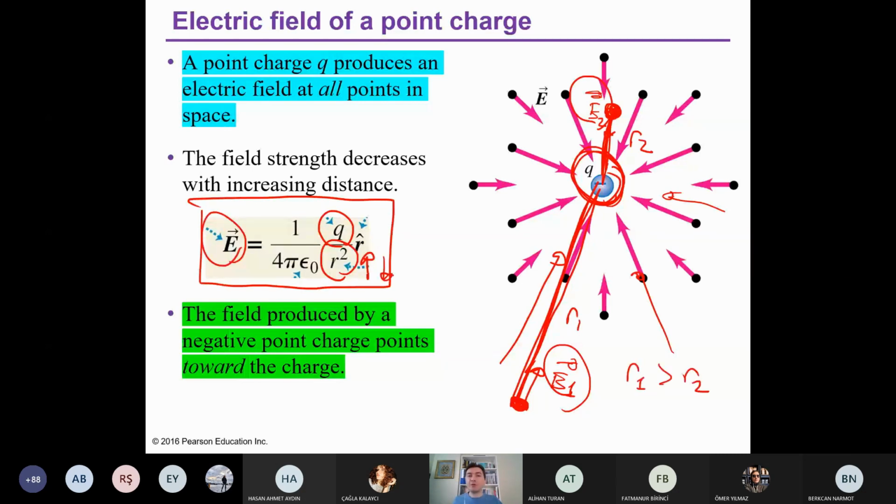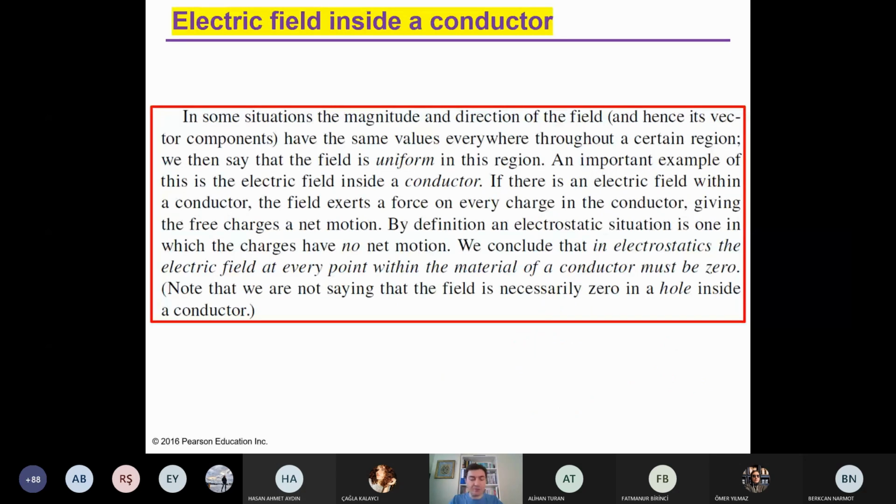Okay, now I would like to give you another important piece of information from the book. Maybe you already know this information, but it is very useful when you are dealing with problems related to this chapter and also for the forthcoming chapters. In some situations, the magnitude and direction of the electric field, and hence its vector components, have the same values everywhere throughout a certain region.